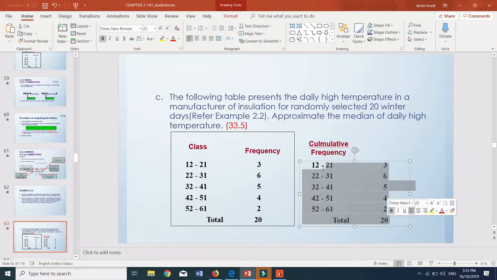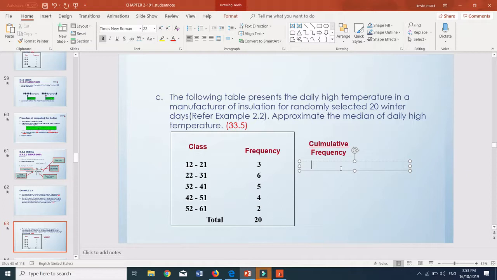So what is the cumulative frequency? It's a number that you sum up from the frequency. For example, for the first row, you will get 3, because you add 3. And then for the second row, you will get 6. Then 6 plus 3, you will get 9. 9 is your cumulative frequency.